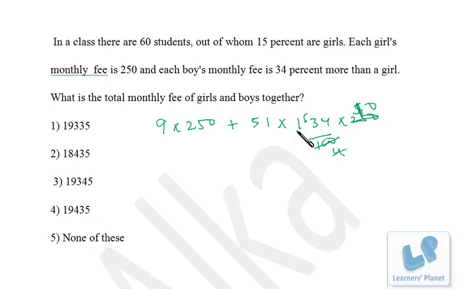So in all it is 4, 3, 3, 5. 4 3s are 12, then 4 5s are 20. So it's 51 into 335 plus 9 into 250.